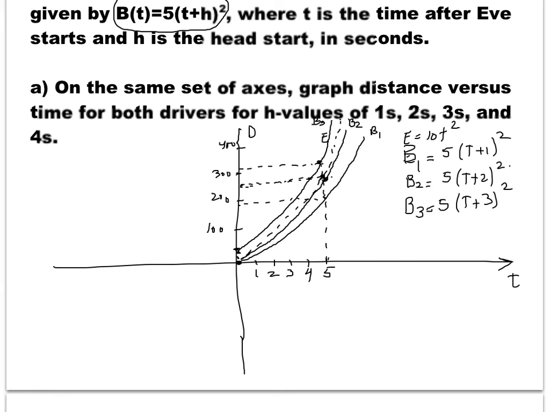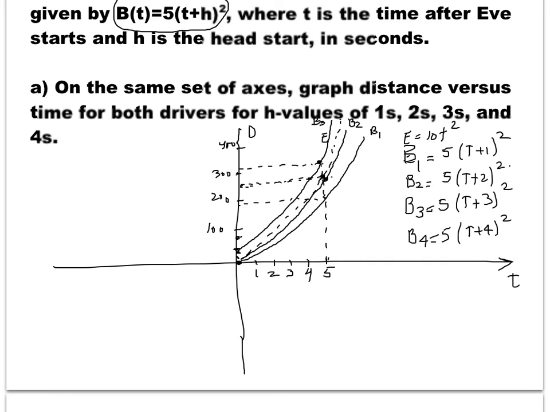And the last one is B4, which is equal to 5 times (t plus 4) squared. Now when t again is equal to 0, then you get 0 plus 4, which is 4 squared. 16. 16 times 5 is going to give you 80, which is somewhere around here. And when t is equal to 5, you get 5 plus 4 is 9. Squared is 81 times 5 is 405.